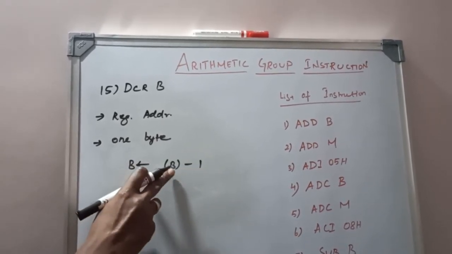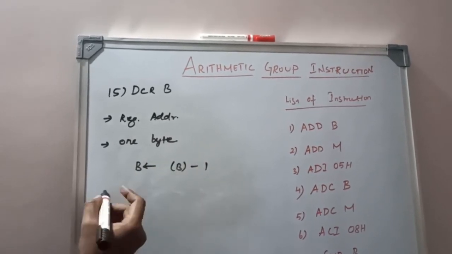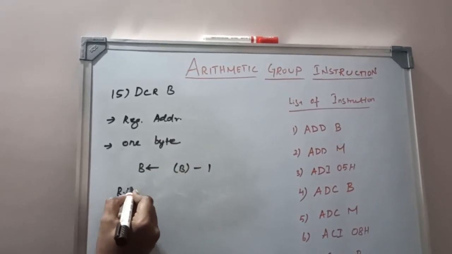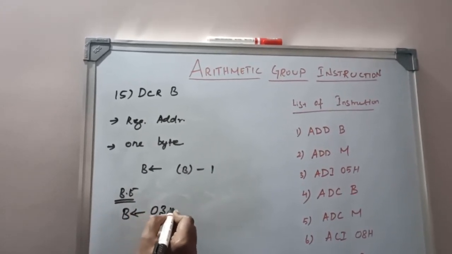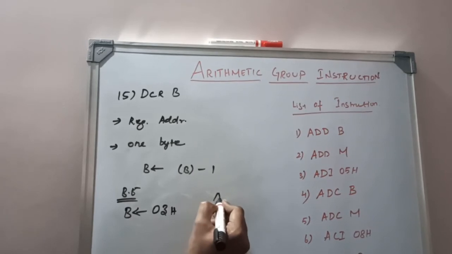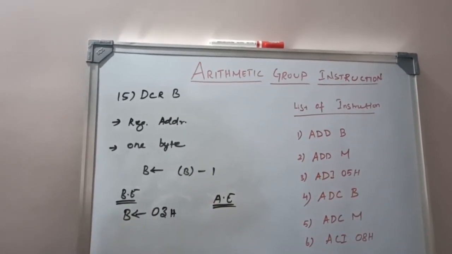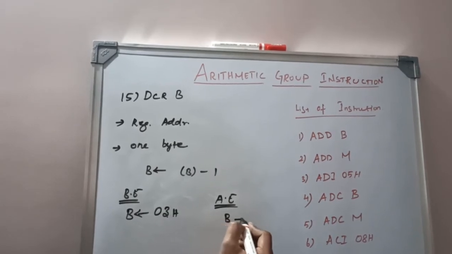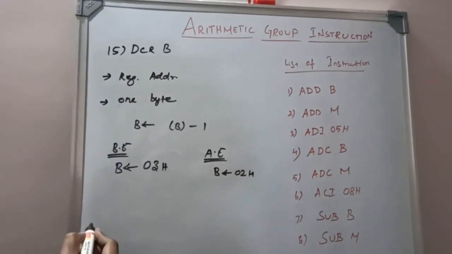Whatever value is held in the B register, that value is subtracted by 1. Before execution of this instruction, the B register holds 03 H. After execution, the value is decremented by 1, so now the B register value is 02 H.